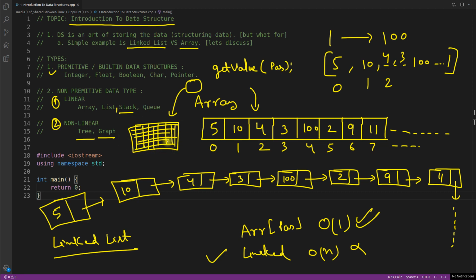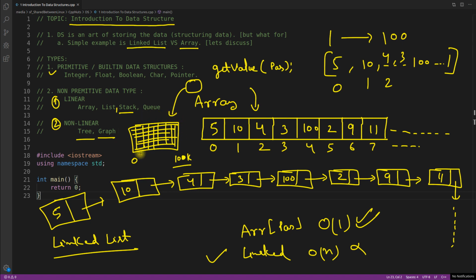Let's suppose this is your memory and this is maybe 0 to let's suppose 10k. And the problem is you don't know how much data will come at what time. It may come, it may not come, it may sometime become only one node, or sometime maybe 1000, 2000, 10,000 nodes. So that time you will use linked list.